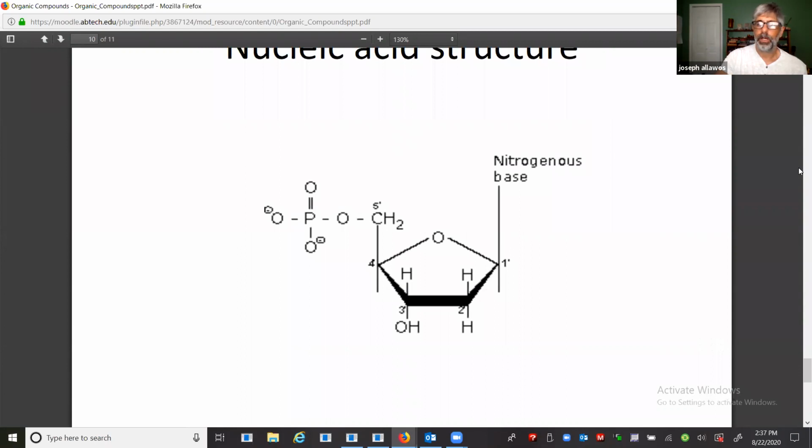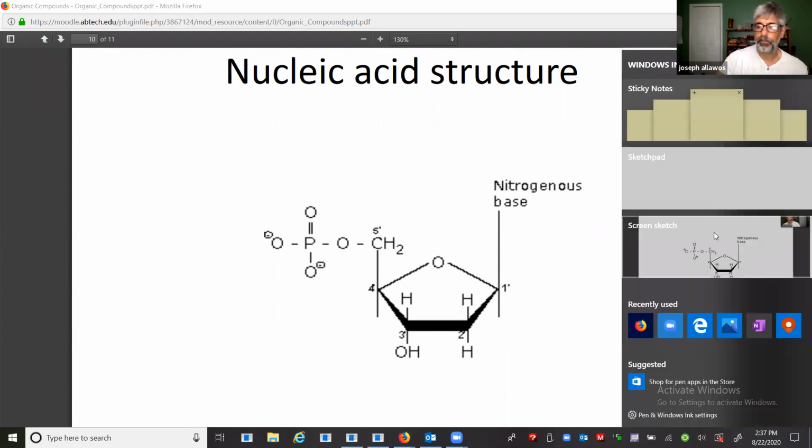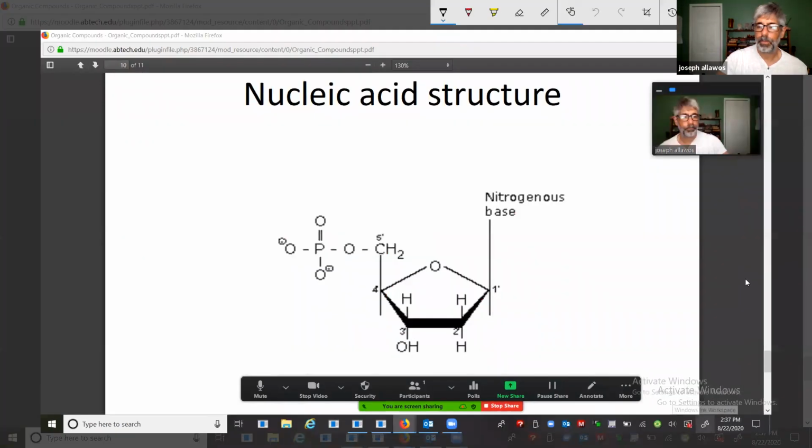The building block, the monomer of a nucleic acid, is called a nucleotide. Okay, and so this is the monomer building block. And we call this a nucleotide.